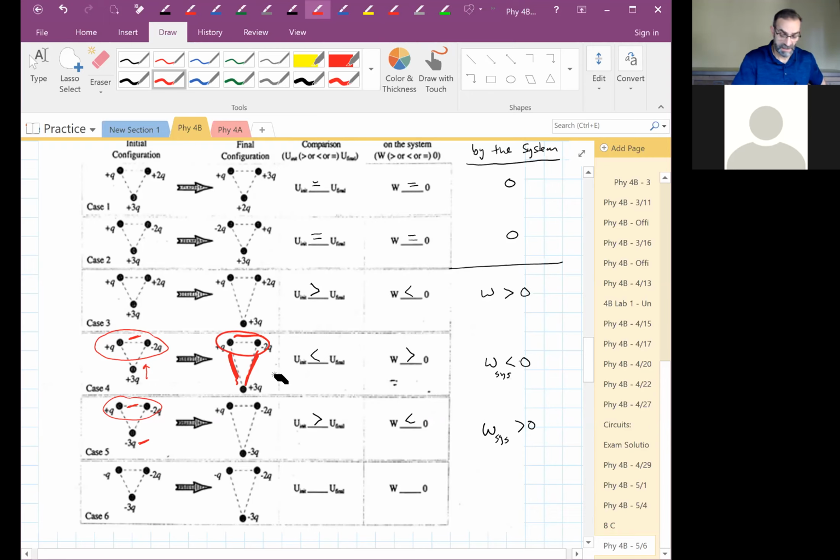Does that make sense? If those distances weren't the same, we'd have to do some calculations and see which one is more dominant, which one has a bigger impact on the energy of the system, because it might be closer to one than the other. Because they're equidistant, we just add those together and say it's like one big charge there.